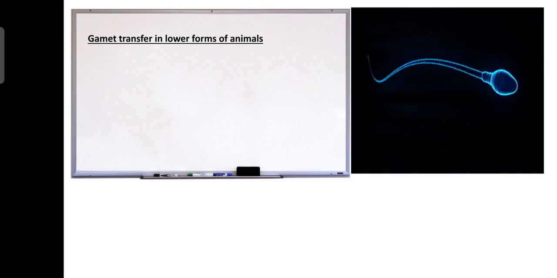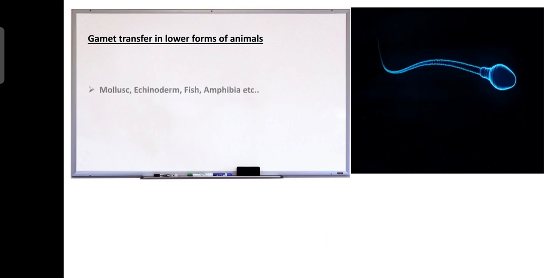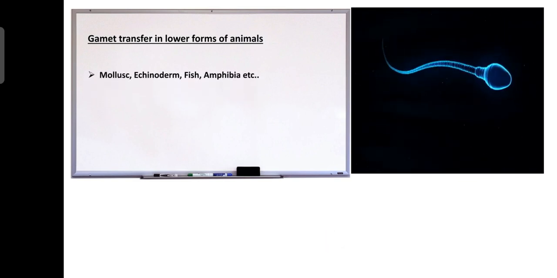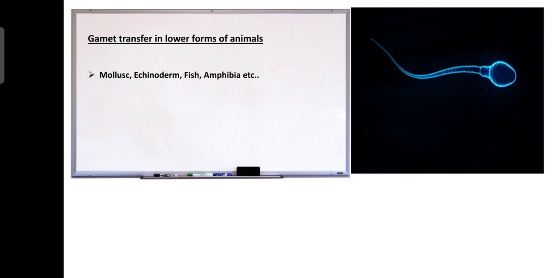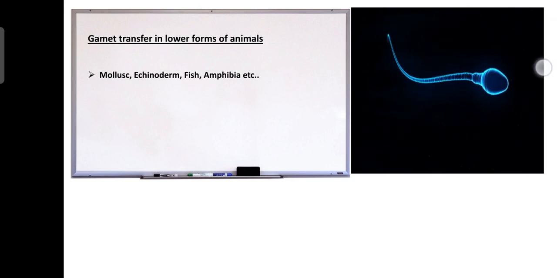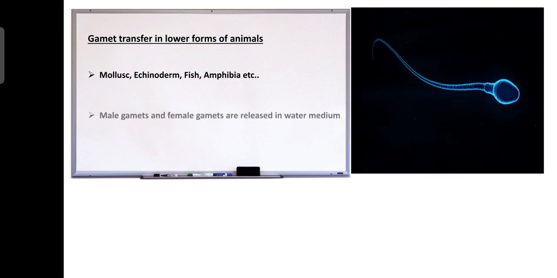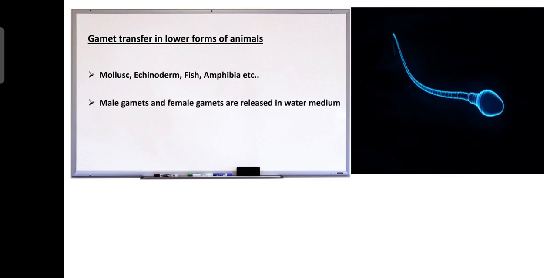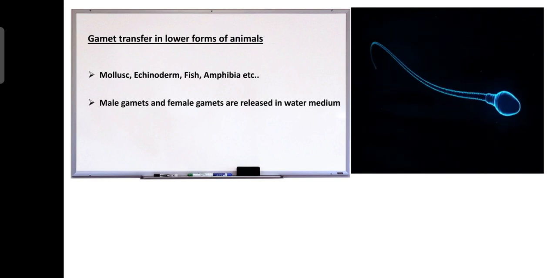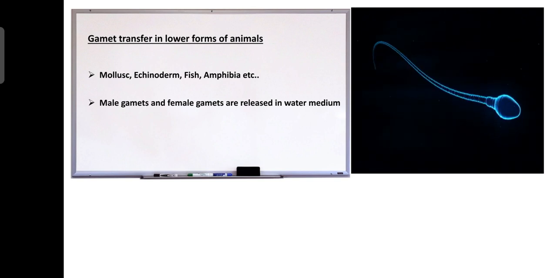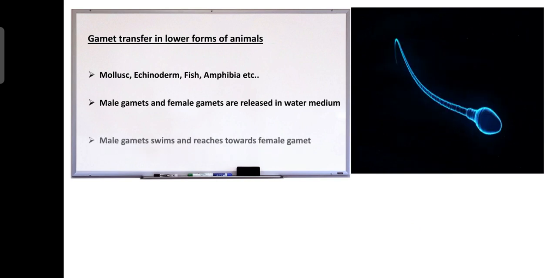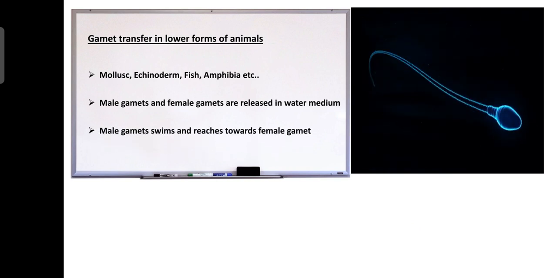First, we will study gamete transfer in the lower forms of animals. Lower forms, for example, are mollusca, echinodermata, the fishes and amphibians. The male and female gametes are released directly into the water. The male gamete, being motile, reaches the female gametes.